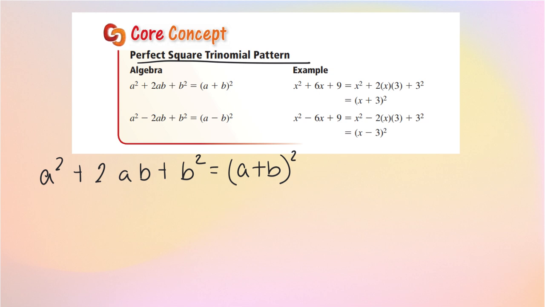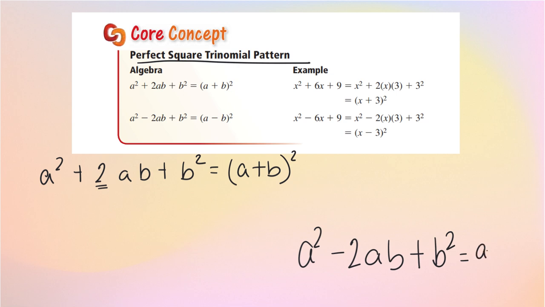They're both going to be perfect squares. Then we multiply a and b, how many times? 2 times, okay? So a squared minus 2ab plus b squared is going to give me a minus b, squared. Again, that means a and b are perfect squares, and we multiplied a and b 2 times.